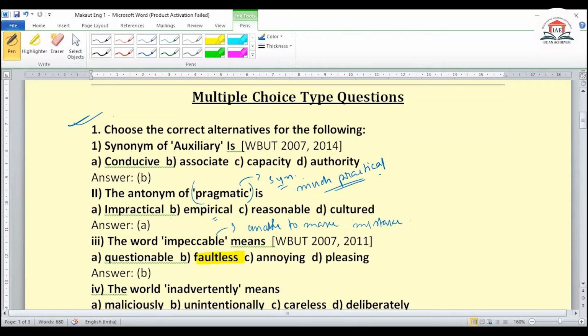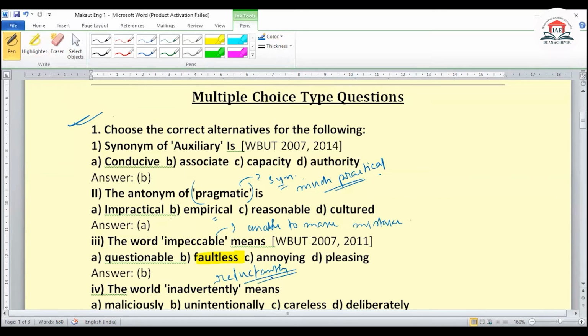Now tell me, the word inadvertently, it's very, very common in your examination. I mean, in any competitive examination you consider. Inadvertently. Reluctantly.